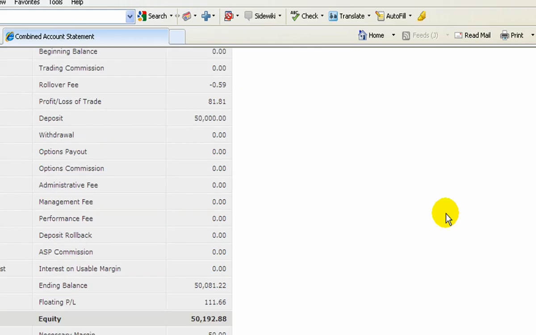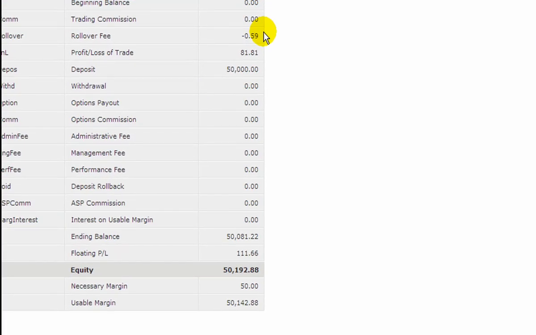I have a negative interest for my carry trade of 1 pip. My booked profit is about 82 pips. My floating profit is about 111 pips. And so I am in the plus by 192 pips, or $192, since 1 pip is roughly $1.